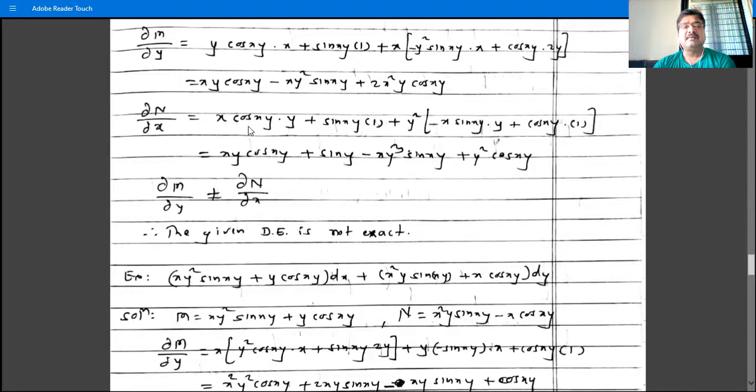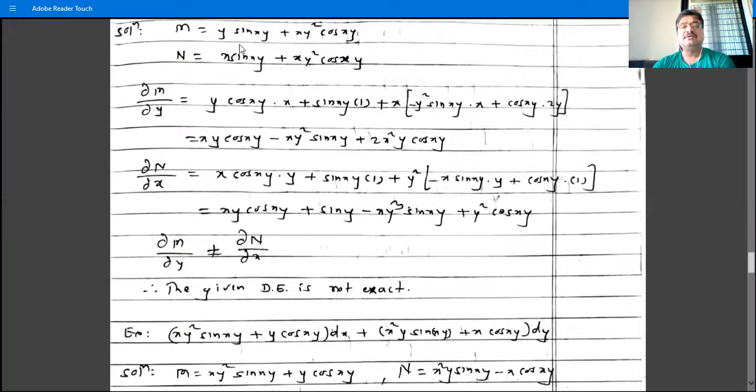Then ∂N/∂x, again the derivative of this quantity with respect to x. Now x into sin(xy), the u into v rule. So x, sin(xy), the derivative is cos(xy) into the derivative of xy with respect to x, which is y, plus v, sin(xy), the derivative of x is 1.